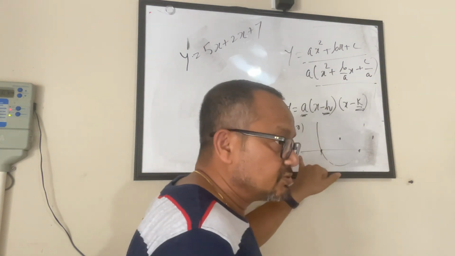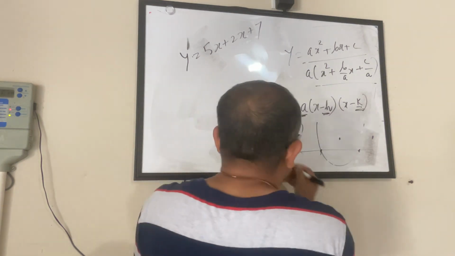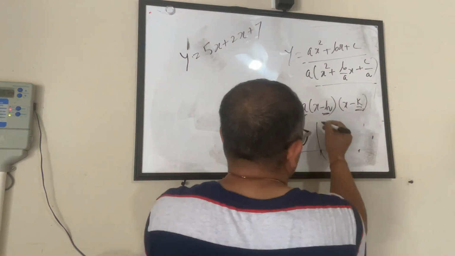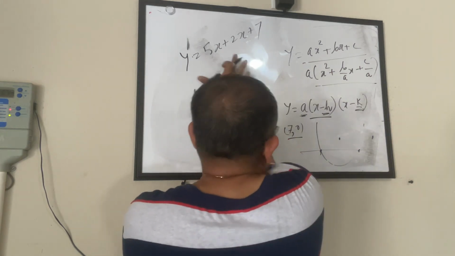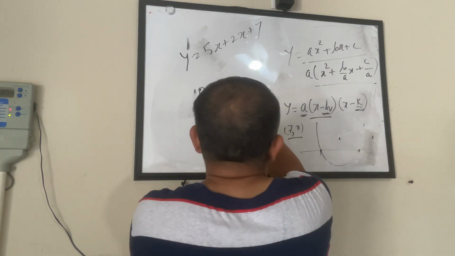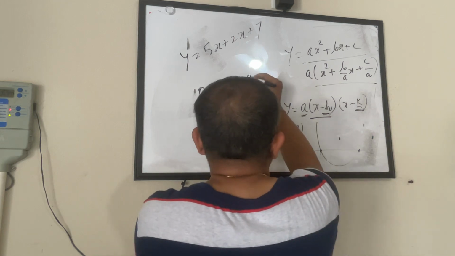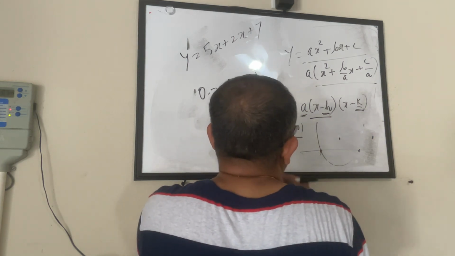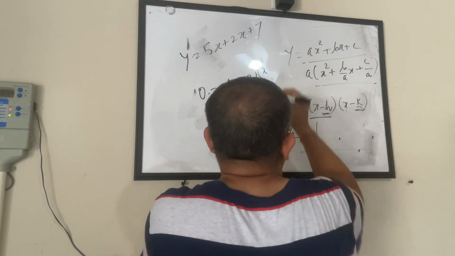Because here I will have one point and another point. So let's say y is 0 in all the cases. 0 equals a into x minus 2 and x minus 7.